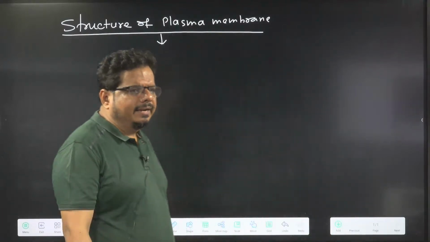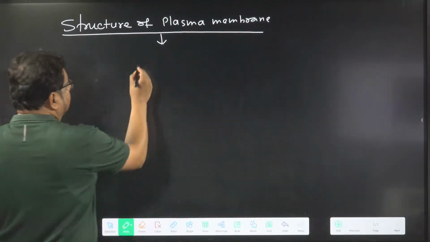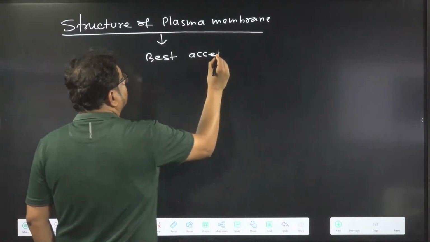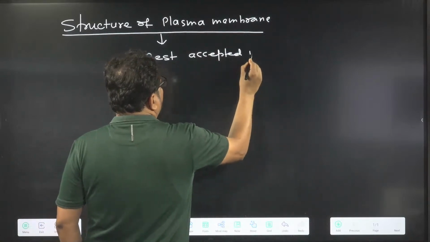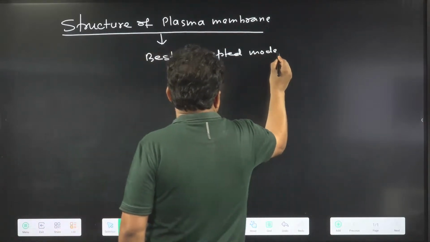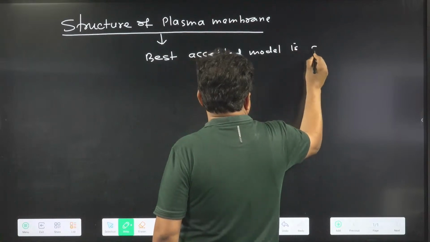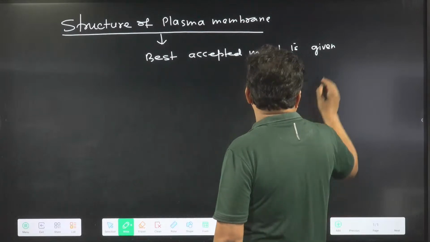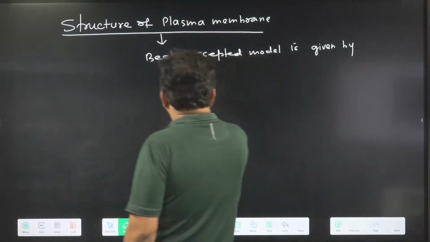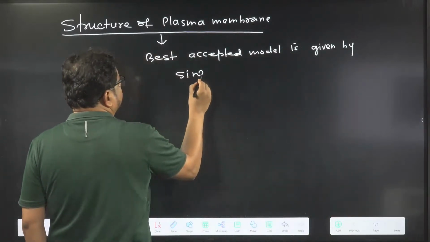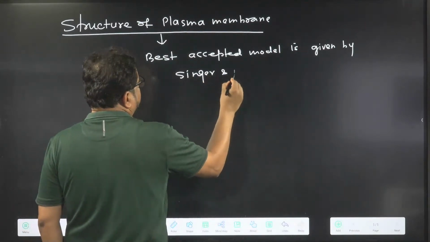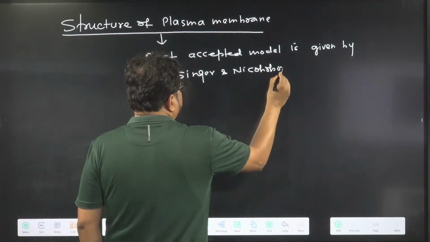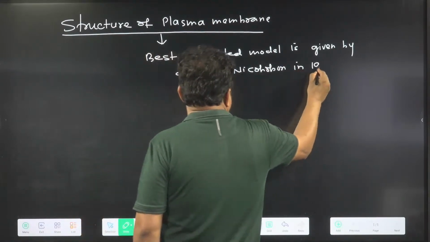But out of all the models, the best accepted model is given by Singer and Nicholson in 1972.